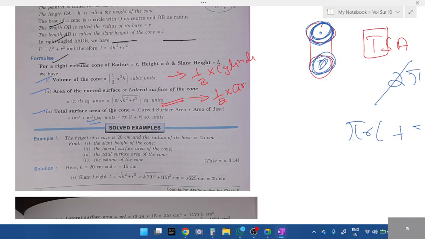So, students, I've taught you all the differences. Relate cone and cylinder. Don't try to memorize.